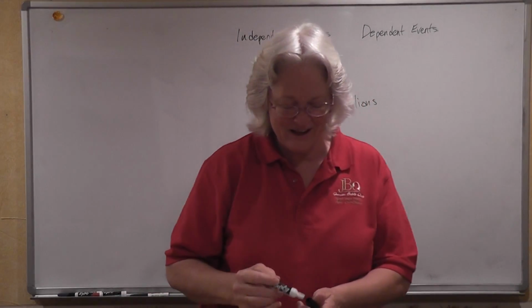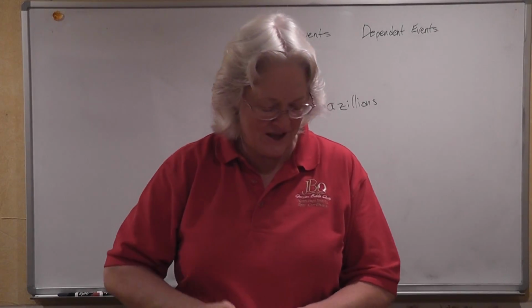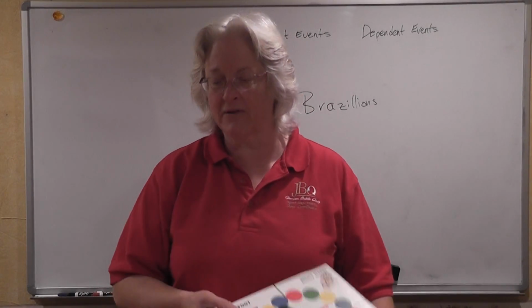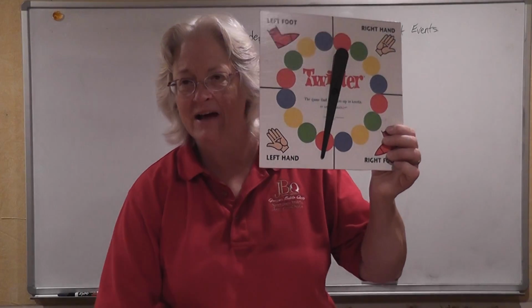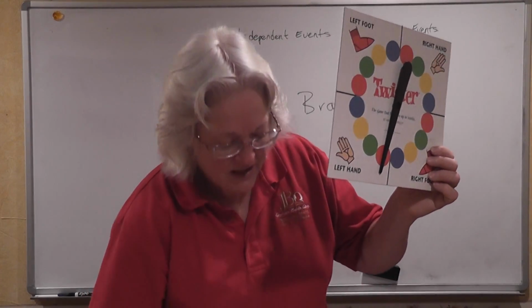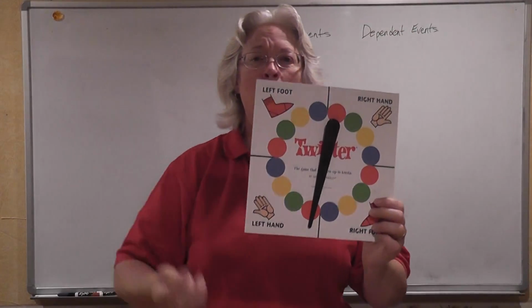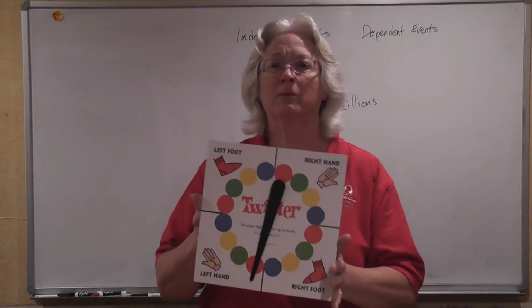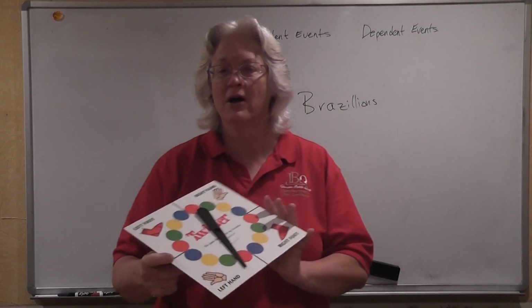So let's go right ahead and get started with what we're talking about. I've got some aids right here. I have an old spinner and I have a quarter. Most of you probably played Twister growing up.